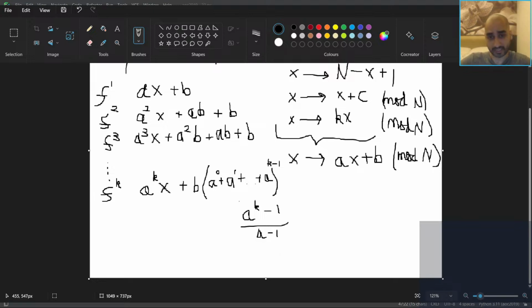I actually don't remember. I'm just going to look this up just to make sure I got it right. Sum of geometric series. So r to the 0 plus r to the 1 plus dot dot dot plus r to the n minus 1 equals r to the n minus 1 over r minus 1.